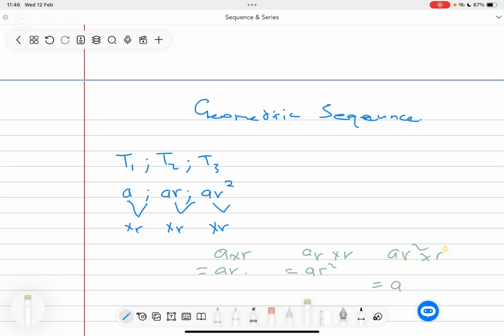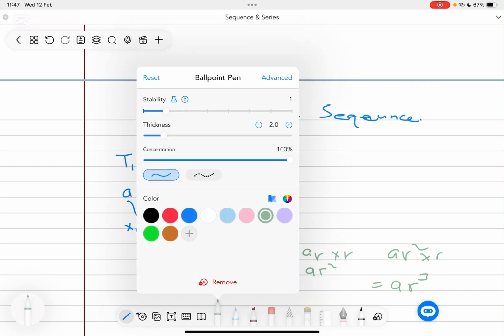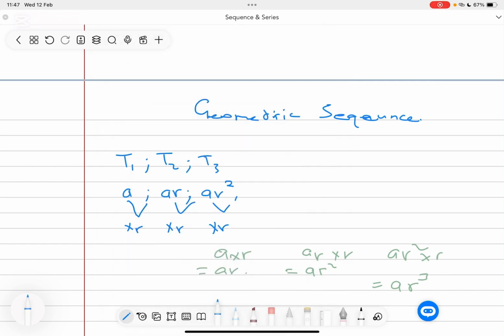Remember that I have an invisible 1 here. It will mean that I'll have a 2 plus a 1. That should give me a 3. So I'll have A R to the power 3. And that actually gives me the fourth term of the sequence. So the term that will come here would be AR to the power 3, and is actually the fourth term.